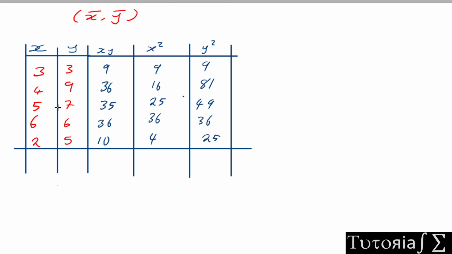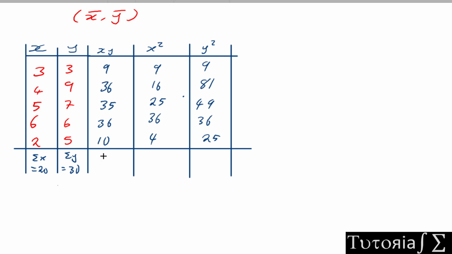Then for each of these, we need to find the sum of x, meaning that we need to add all of x. When we add all of x, we're going to get 20. So that is 3 plus 4 plus 5 plus 6 plus 2, that will be 20. Then we also need to find the sum of y, which will be equal to 30, adding everything, 3 plus 9 plus 7 plus 6 plus 5.